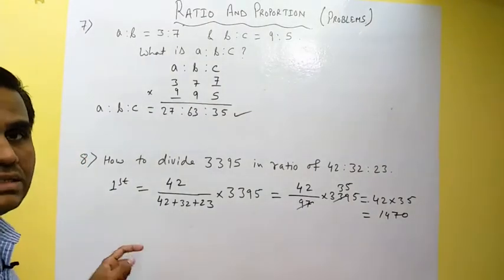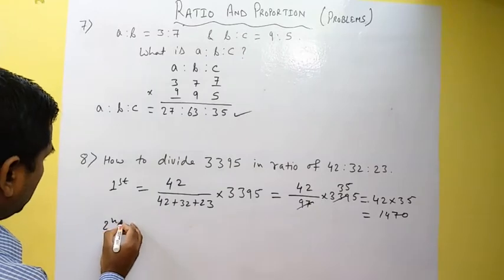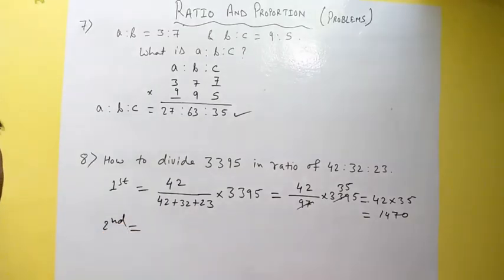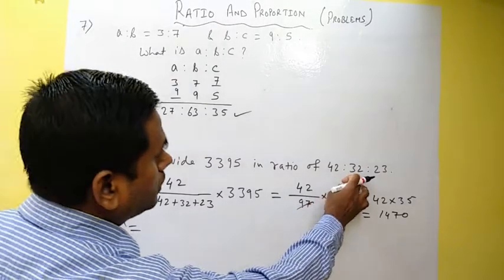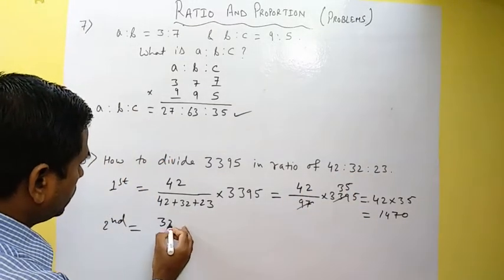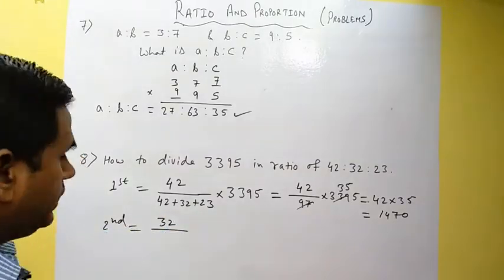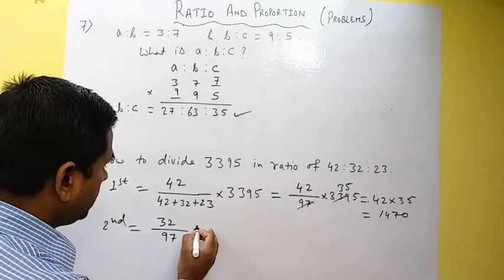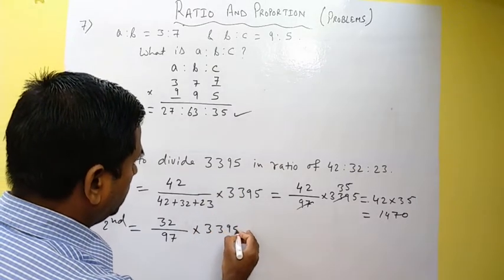Similarly you can find the second and third proportional also. Okay. So after this I'll tell you a second alternative method to solve this problem as well. Second proportional, here in the ratio it is 32. So 32 divided by the total we have already calculated, which is 97, multiplied with this entire number.